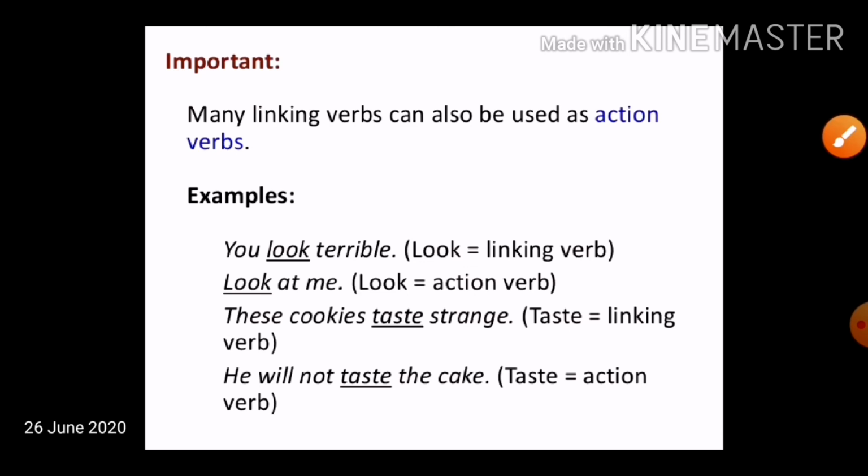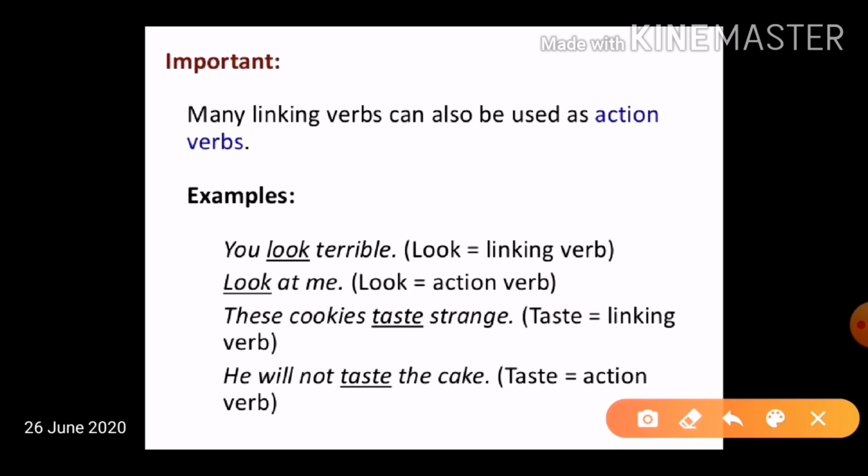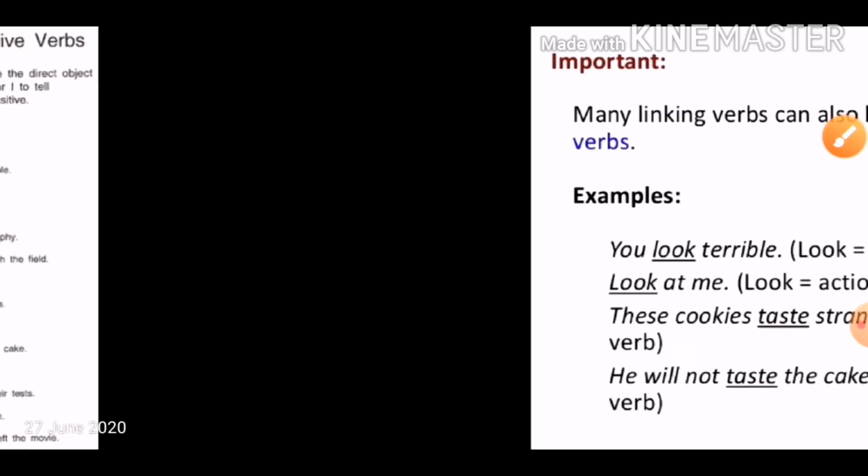So look here is an action verb. These cookies taste strange. Taste is a linking verb here. He will not taste the cake. Here taste is used as an action verb.